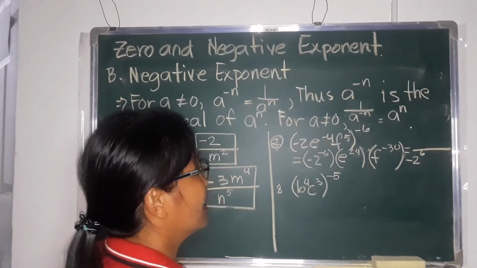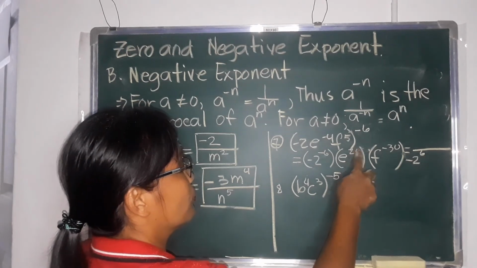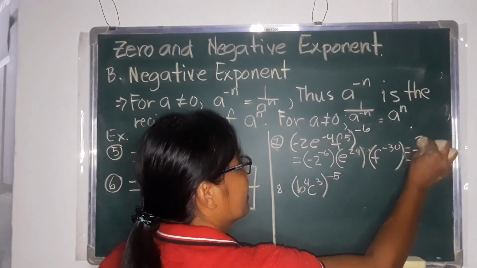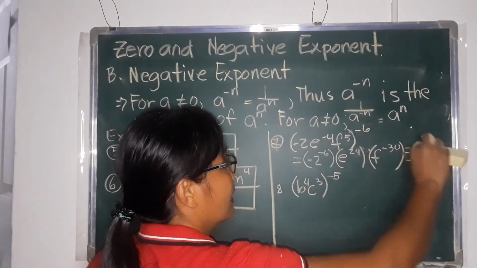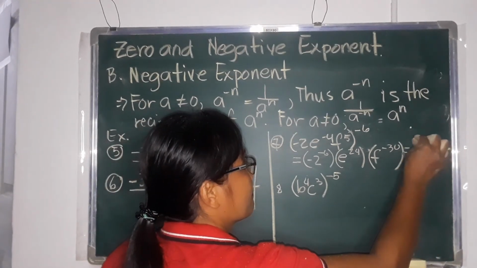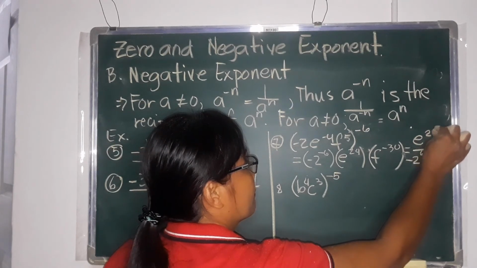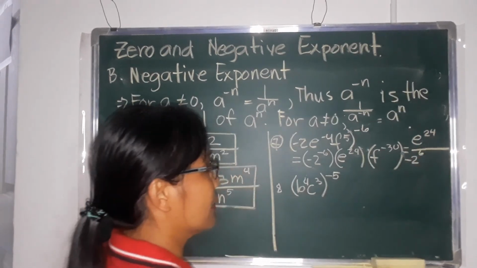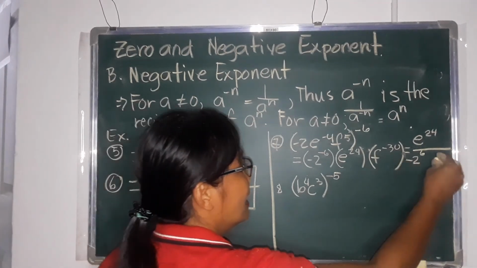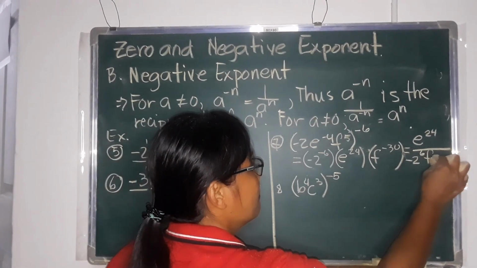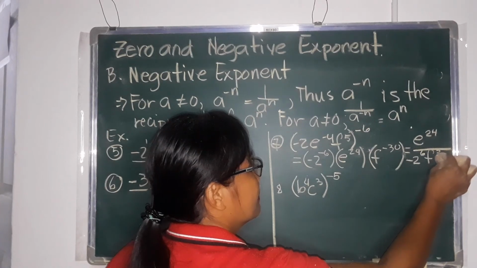So 6. Next, e to the 24th is positive, so remain on the top. So e raised to positive 24, sorry. And f raised to negative 30 will be moved to the denominator. So f raised to 30.